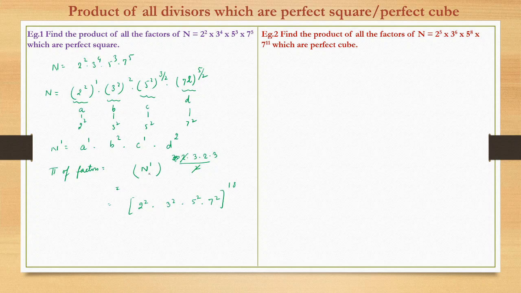Sorry, this is a raised to power 1, no? N dash is a 1 into b square into c into d square raised to power 18.